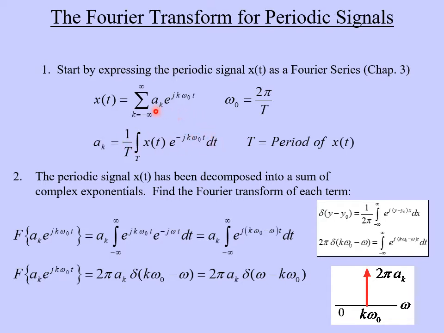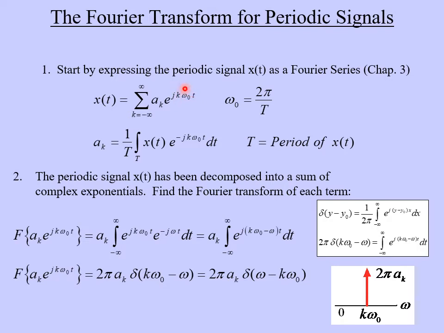That Fourier coefficient is multiplied by a complex exponential, e to the jk omega naught t. Omega naught, remember, is what's called the fundamental frequency of the signal, where uppercase T here is the fundamental period of the signal. So these frequencies, k times omega naught, are harmonic frequencies.